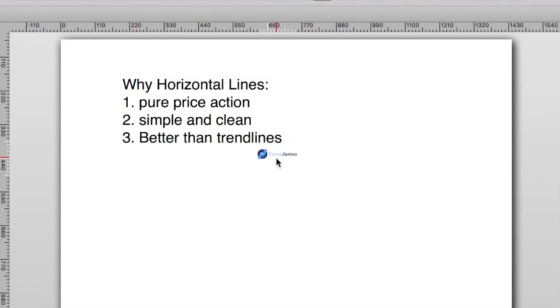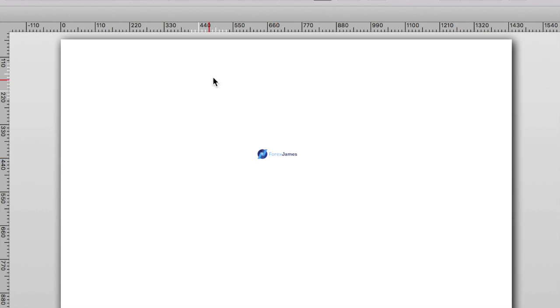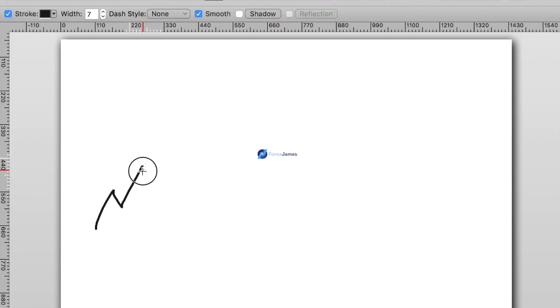Meaning what you draw on your chart or what you see on your chart may be different than what other people are seeing on their charts, depending on each perspective. Let me give you an example here. Uptrend, market started to range, continues the uptrend.